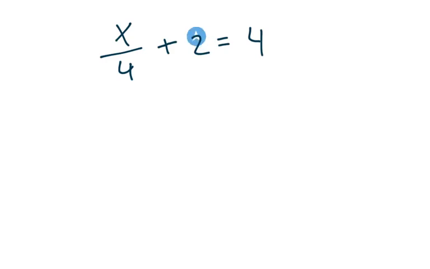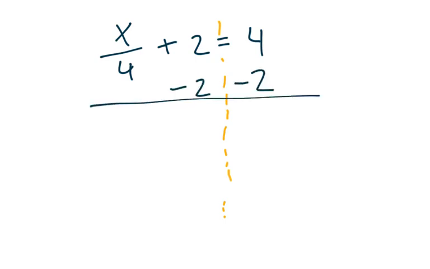We're going to start away from the x at the plus 2. Okay, don't forget our brick wall. Anything that we do to one side, we do to the other. So first I'm going to move the 2 to the other side by subtracting 2 from both sides. Big line. I'm left with x over 4 is equal to 2.